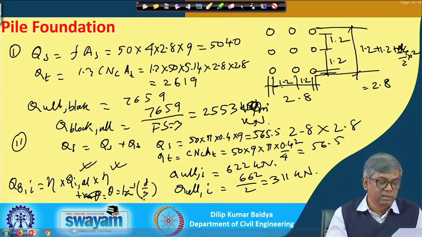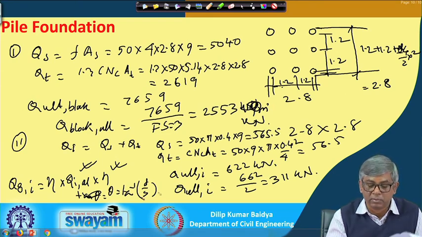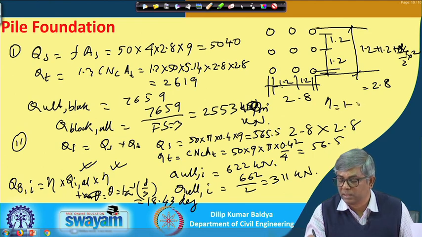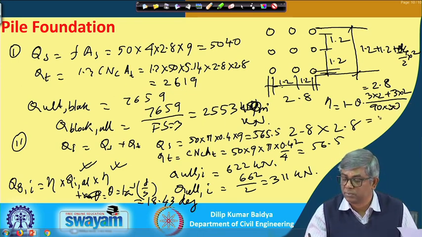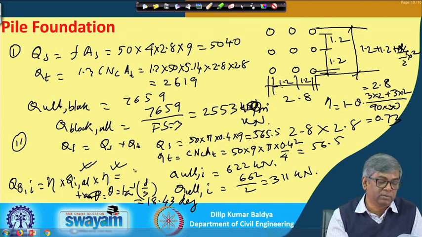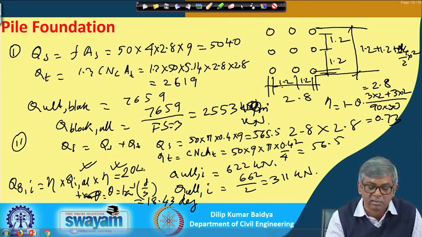If I do that then you will get theta equal to 18.43 degrees, and then if you put that in the equation, eta equals 1 minus theta multiplied by 3 multiplied by 2 plus 3 multiplied by 2 divided by 90 multiplied by 3 into 3. So, if you calculate it comes around 0.73. So, if I put this 0.73 value here and then the Q I value, then you will get a capacity equal to 2043 kilonewton.